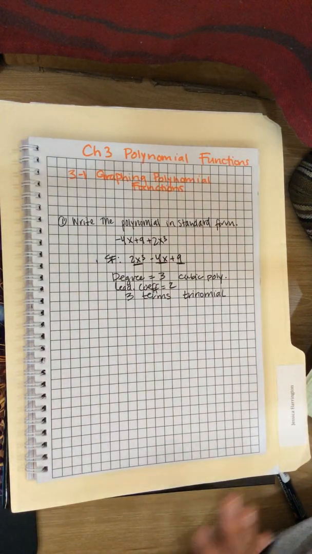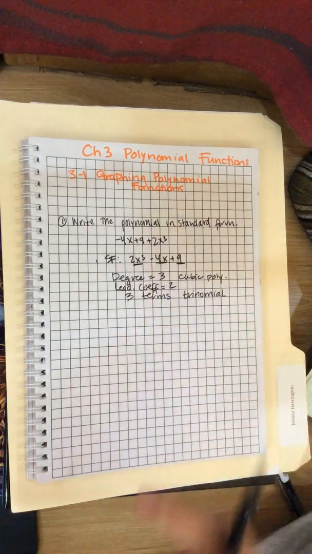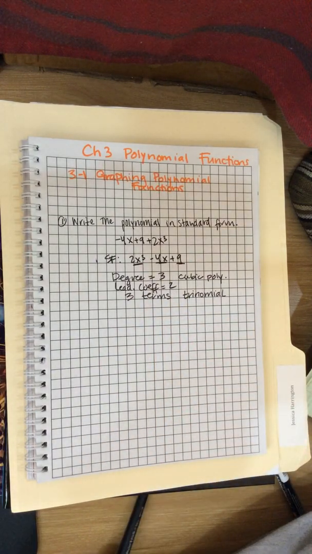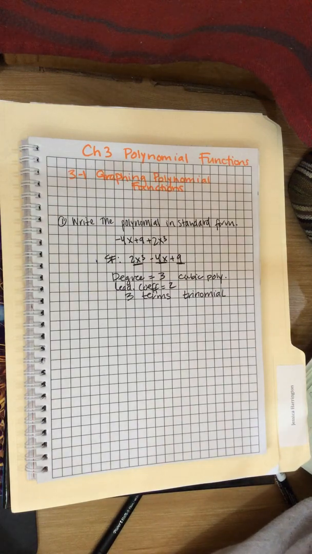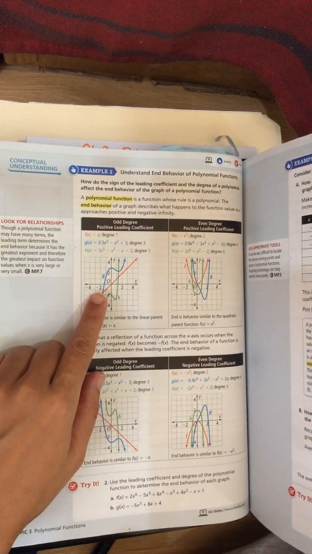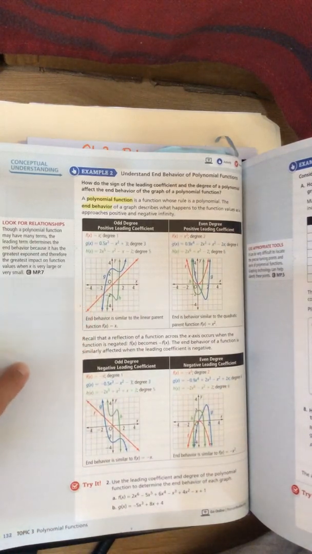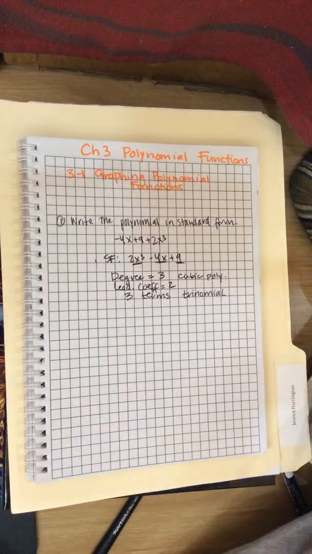All right, so now that we have this definition of what a polynomial is and what these different parts of a polynomial are, we're going to work through example 2 on page 132. So you can look there, but I'm going to use my calculator to go through this because we're going to be talking about the end behavior of polynomials. So what happens on the end? When it goes towards negative infinity, when it goes towards positive infinity, there's some trends.